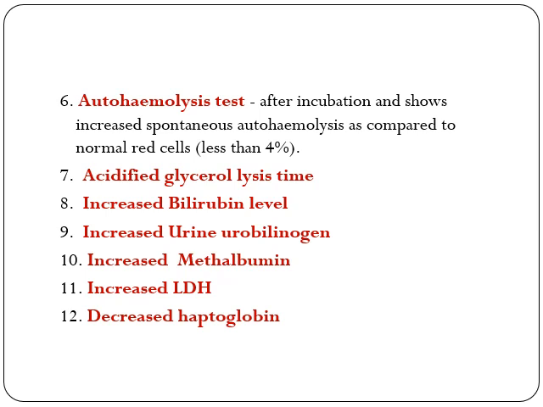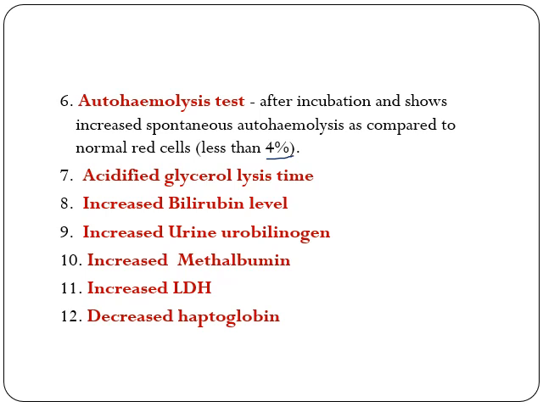Apart from that, in the autohemolysis test, when we incubate the RBC, it is seen that there will be autohemolysis in every RBC. In normal RBC, this autohemolysis is less than 4%, but this will increase in hereditary spherocytosis. Why? Because when we keep them in incubation, there will be metabolic deprivation. In hereditary spherocytosis, since the RBC are spherocytes, they are already under metabolic deprivation.